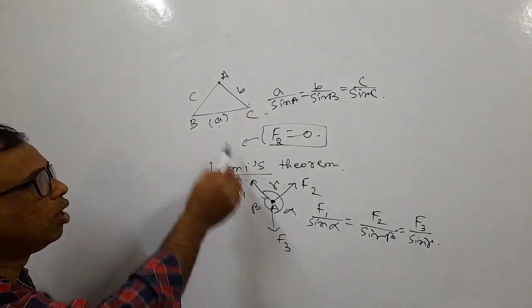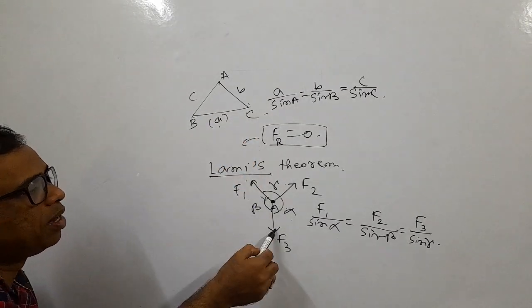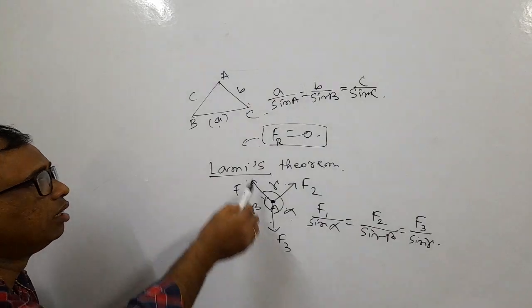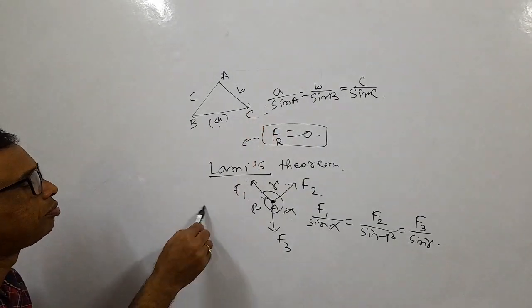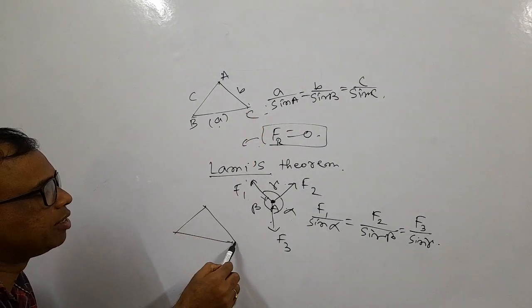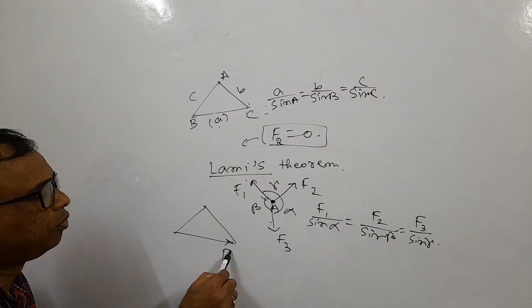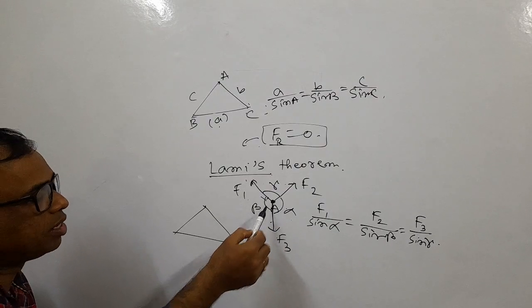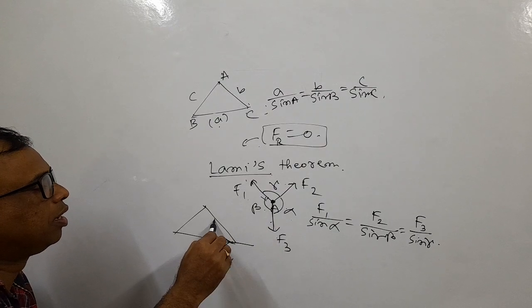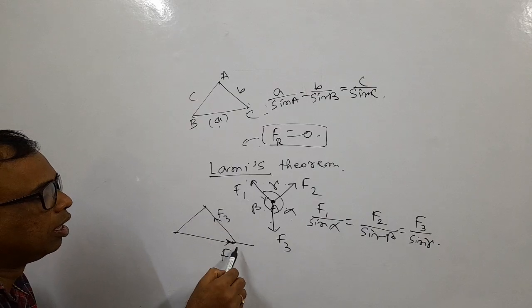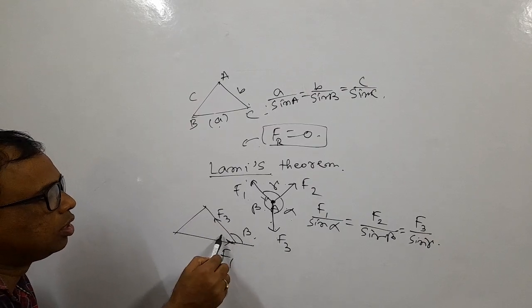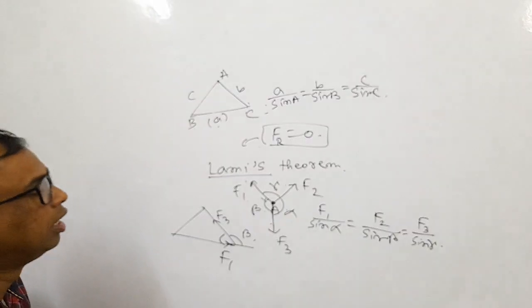If F1 is along this, then F3 makes an angle beta with it, so this will be 180 minus beta.